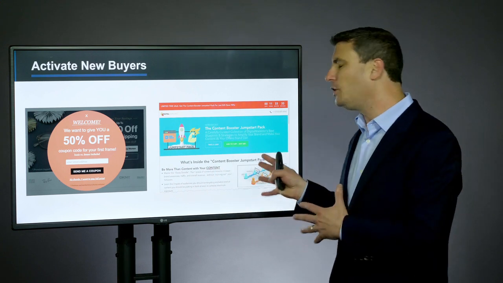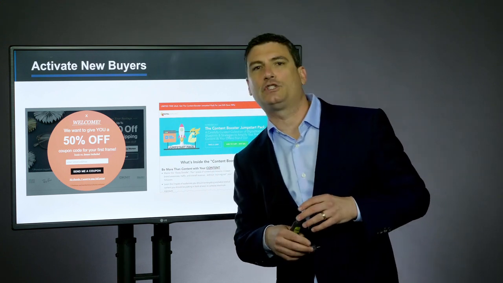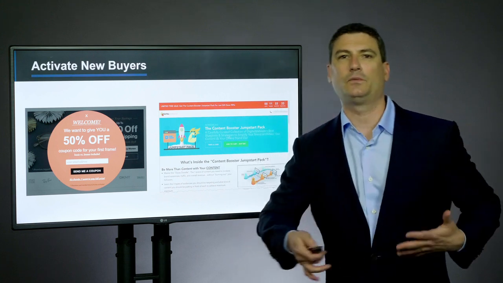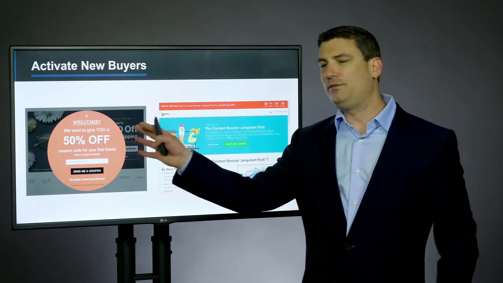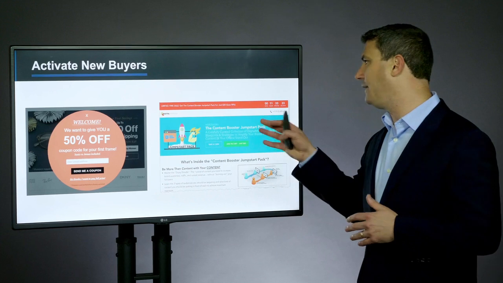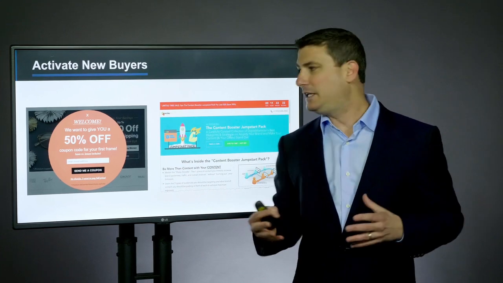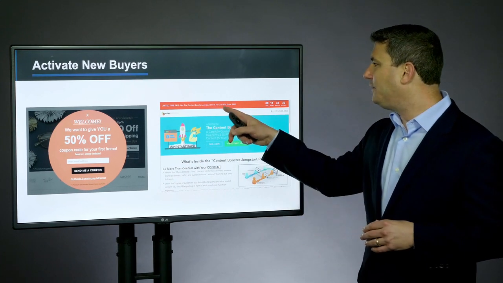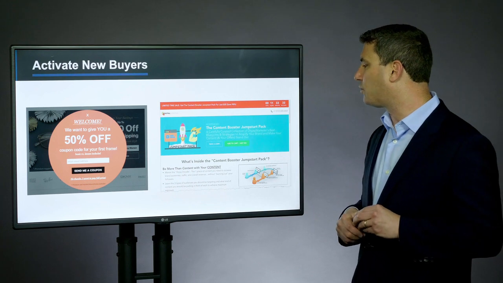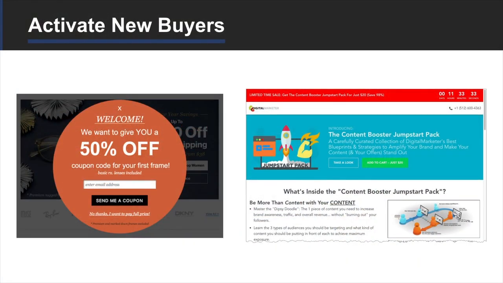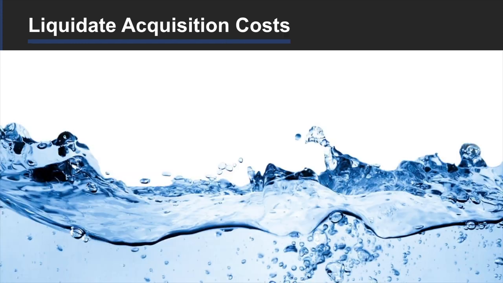We're looking for somebody to dip their toes in the water and get started with us by either giving them a super deep discount or giving them something that's low ticket. If you look along the top of this graphic on the right, this is a limited time sale that's 98% off. So it's a super deep discount. Activating new buyers is something that you can do here at the convert stage.